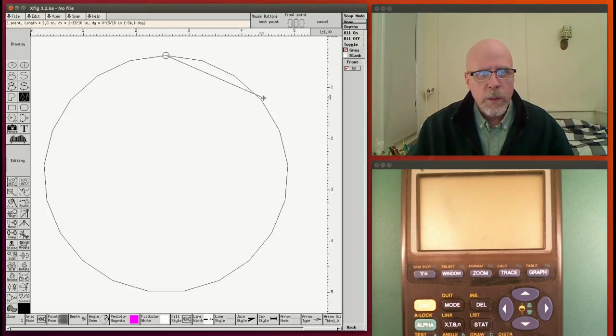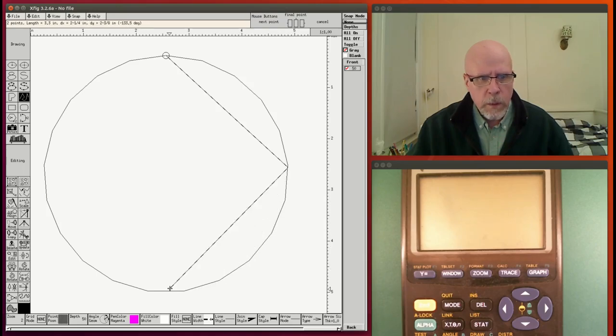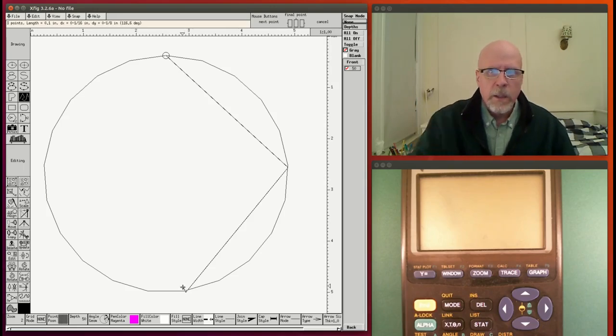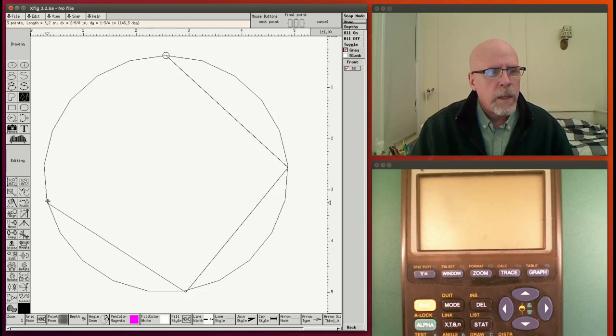1, 2, 3, 4, 5 to here. 1, 2, 3, 4, 5 to there. Well, look at that. We almost landed diametrically across where we started. 1, 2, 3, 4, 5 to there. 1, 2, 3, 4, 5 to there. We almost landed back where we started. It was interesting.